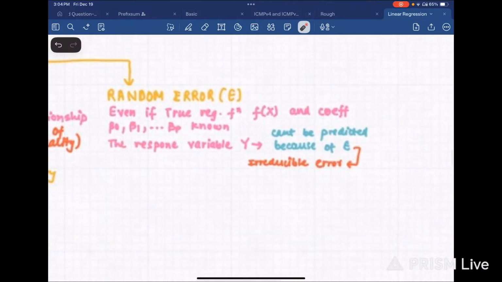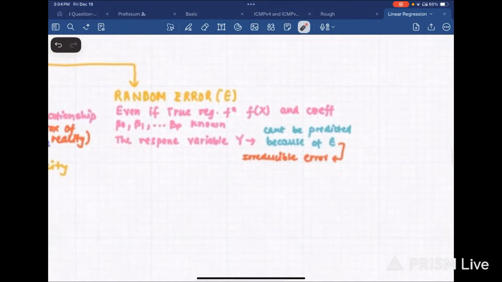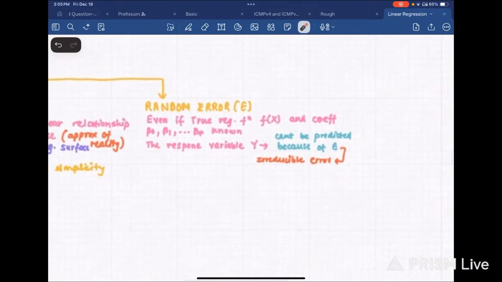So the next is the random error we are discussing. Even if the true regression function f of x and the coefficients beta naught, beta 1 to beta p are known, the response variable y cannot be predicted exactly because of sigma, the irreducible error. We can't predict the true response y even if we know everything about this, because there is an irreducible error with every observation.